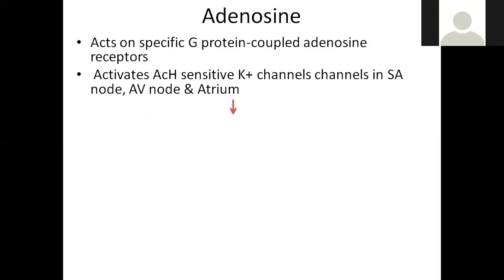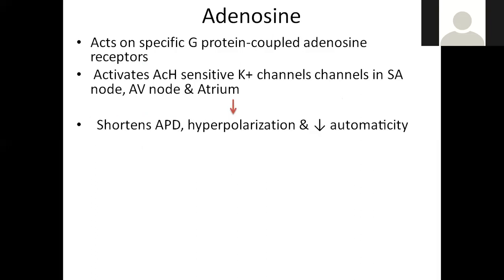The mechanism of action of adenosine: it acts on specific G protein coupled adenosine receptors and activates the acetylcholine sensitive potassium channels in the SA node, AV node, and atrium.